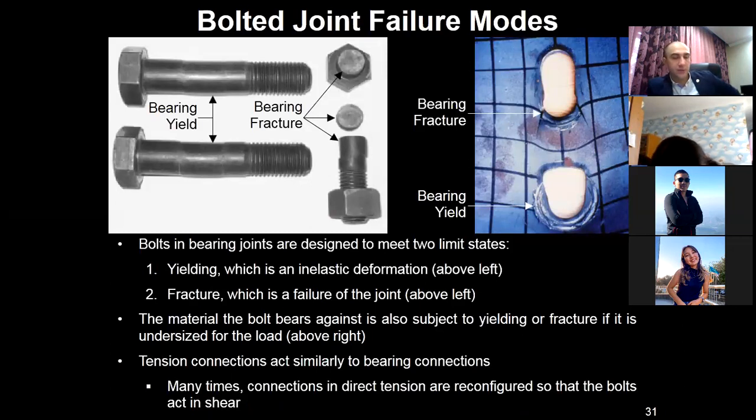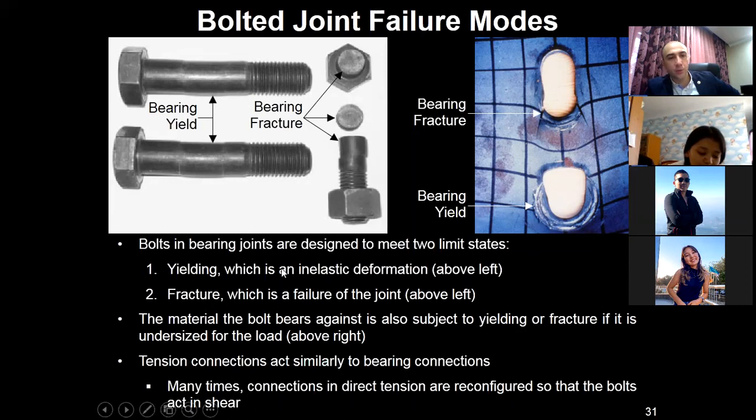If the connection is not designed properly or the stiffness of the elements or the bolt is not of sufficient quality, problems and failures can be found in the nodes. You can find bearing fracture and bearing yield. Bearing yield can also be found in the bolts, along with fracture in the bolts.